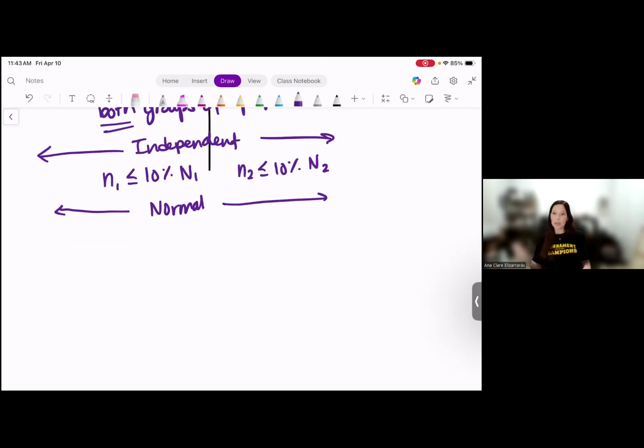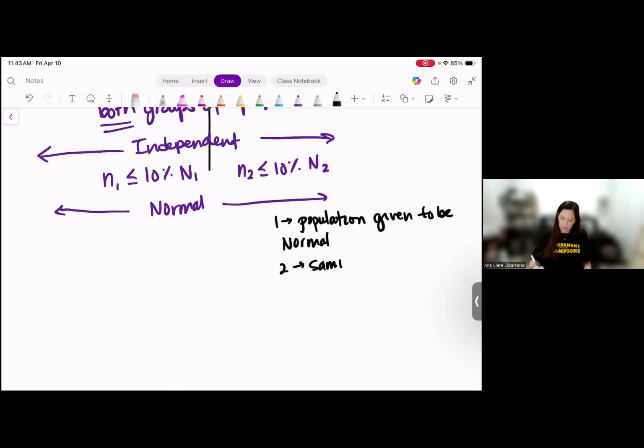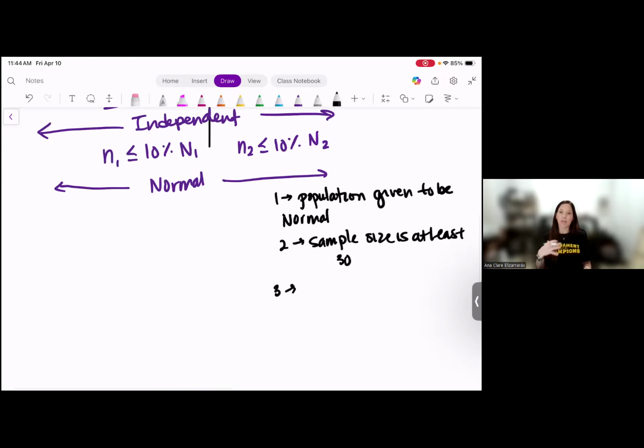Now remember, means could be normal if the population is given to be normal, or the sample size is at least 30 by the central limit theorem, or you have a graph, and the graph shows no strong signs of skewness or outliers.